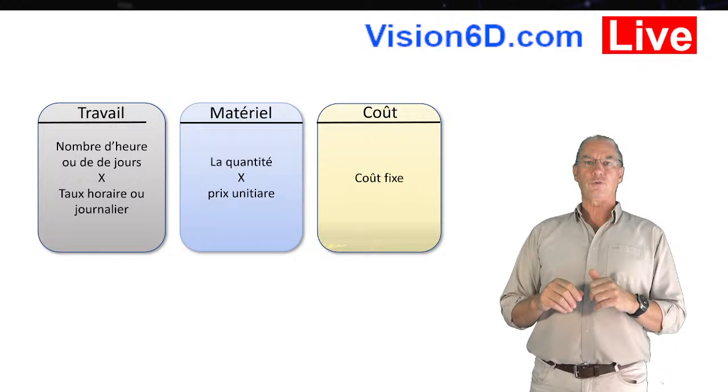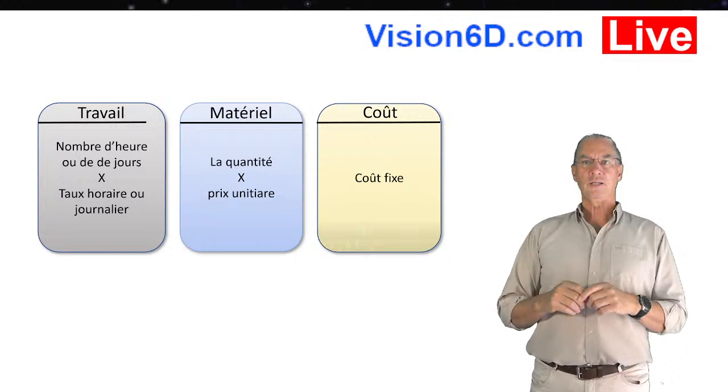So the first element is work. It's based on work: the quantity of work, the number of hours worked, is multiplied by an hourly rate, and this gives the cost of this activity. This is what we call work, and in French, travail. The second one is the material. Material in our project is something that you use in a certain quantity.